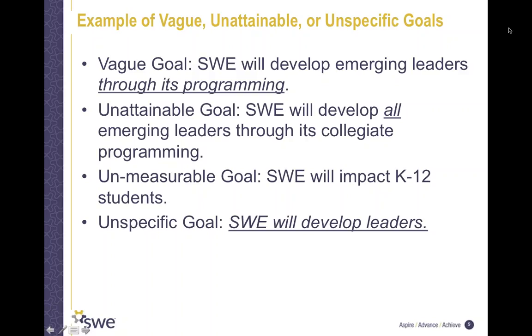For example, SWE will develop emerging leaders through its programming. This is fine, but it doesn't explain what the programming is. An unattainable point of the second item mentioned is that there's no way that SWE can develop all emerging leaders through its collegiate programming, even if it might want to.